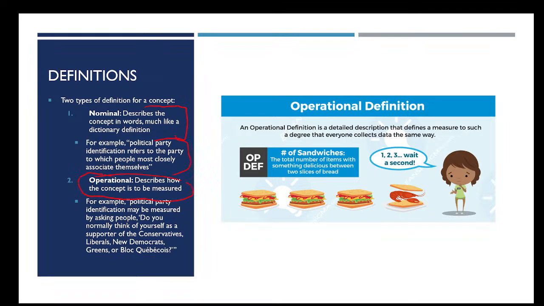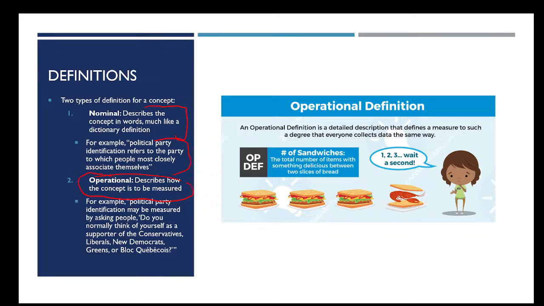The really hard one is operational. And this is the one that people have the most trouble with on the assignment. The nominal definition is less important than the operational definition. Maybe it's the term definition that messes people up, I don't know.